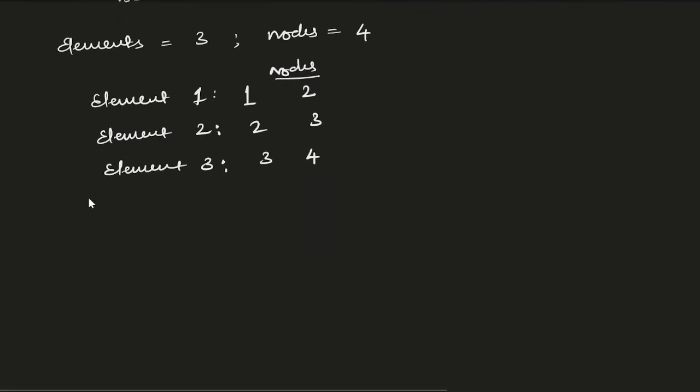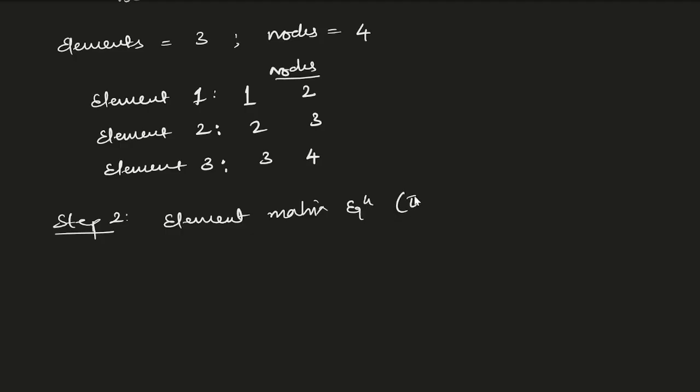Now we go to the second step. We have to write the formula, the element matrix equation, in short EME. This formula is for the individual element. In general we can write it as K into U equal to load.